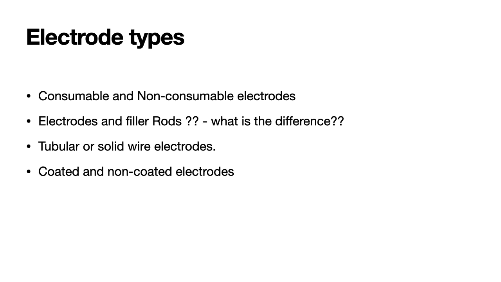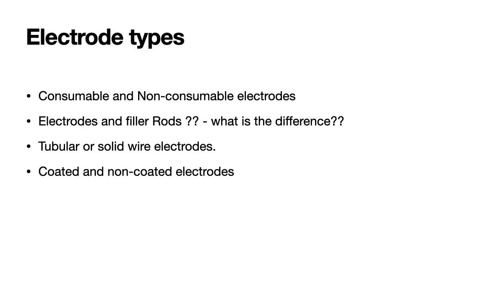If you talk about electrode types, there can be plenty of classifications. As I told before, some electrodes are consumable, some are non-consumable, and it will always be interesting to know what electrodes are and what the difference is between electrodes and filler rods. There are types of electrodes which are solid in structure, whereas some are tubular in structure.